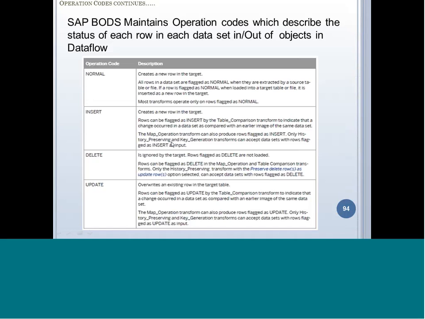And if anybody asks what the equivalent transform for history preserving is, you can say that one history preserving transformation is equal to 2 map operations. That we will see later on.